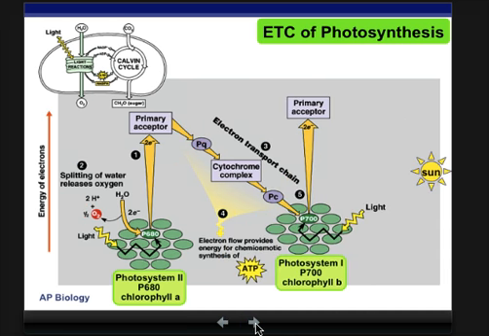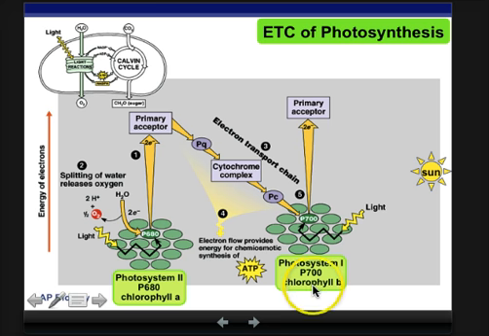All right, so just to relate it to the book, we are still in the non-cyclic energy flow here. All right, so we need a second photon. Okay, this is where photosystem 1 comes in, right? The P700, the 700 nanometer chlorophyll.